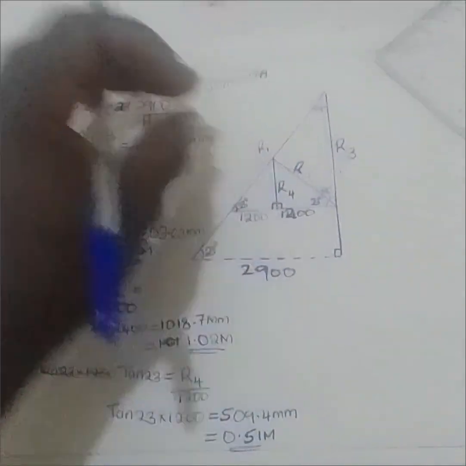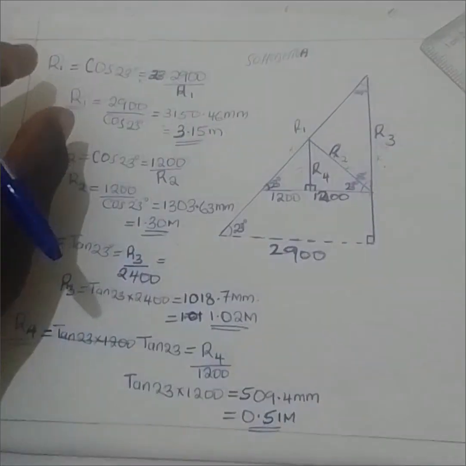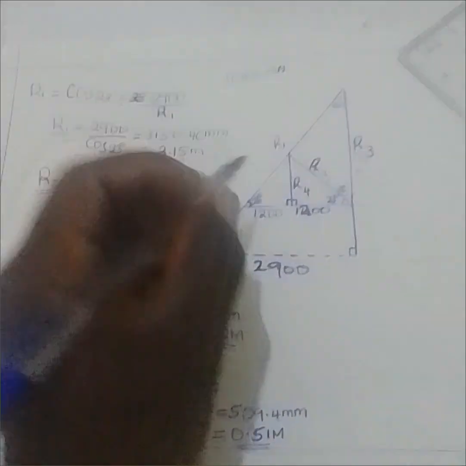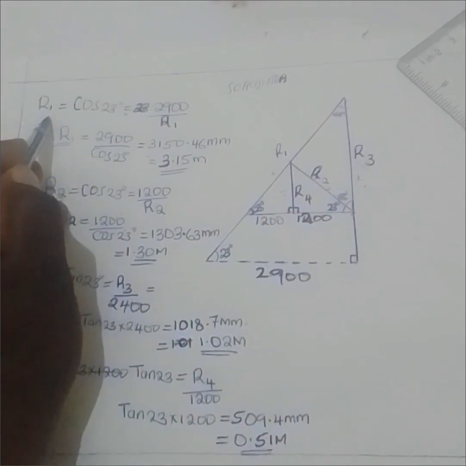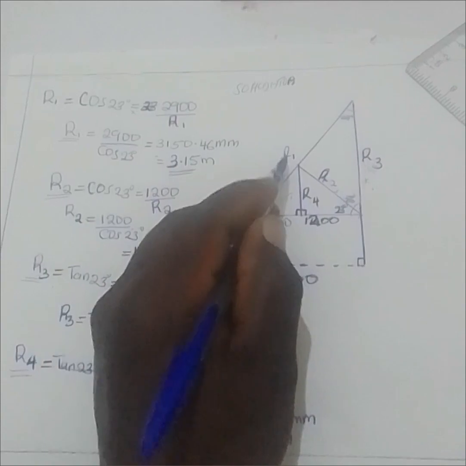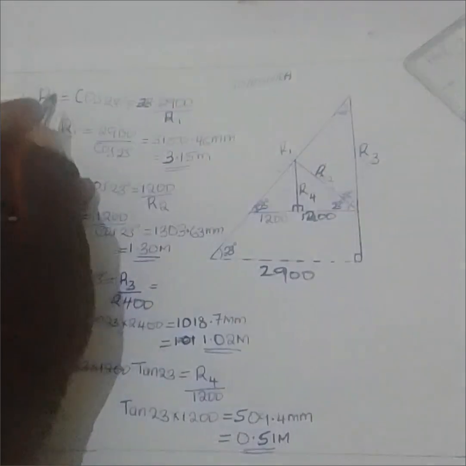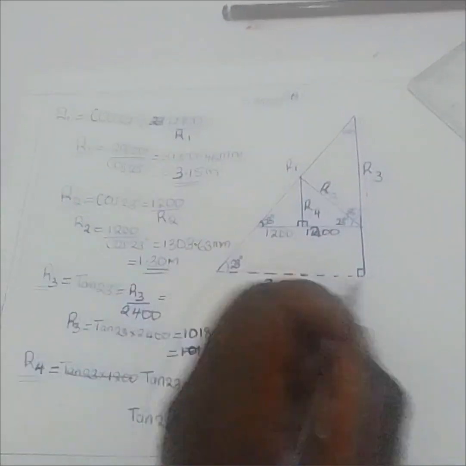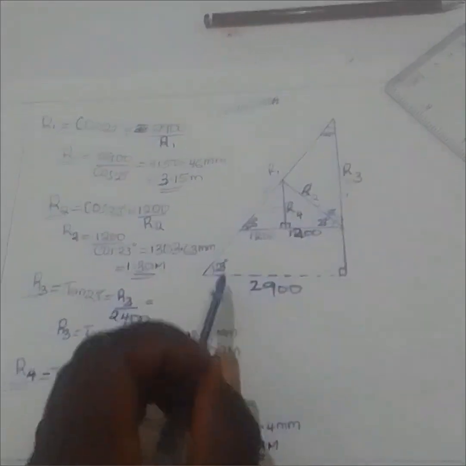So we want to come and see how we get these lengths. So you have R1, which is the length of rafter. How do we find the length of rafter? We come to our triangle and see how it goes.